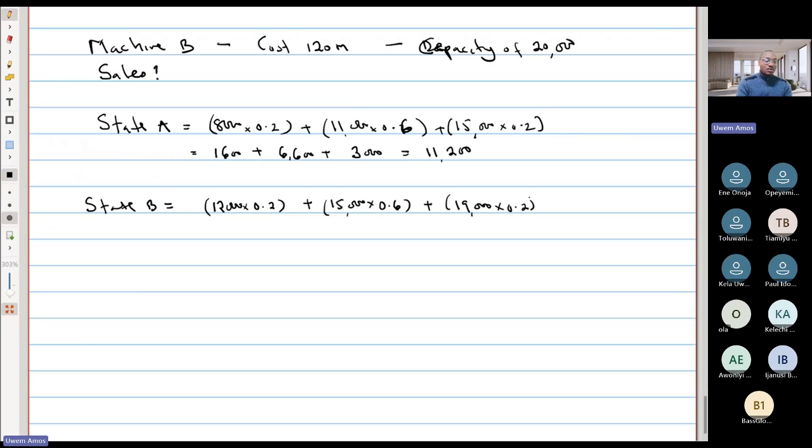Our 12,000 multiplied by 0.2 is 2,400, plus our 15,000 multiplied by 0.6 is 9,000.